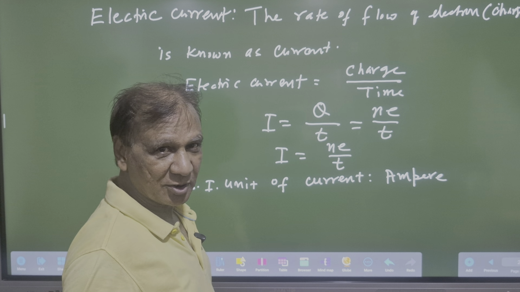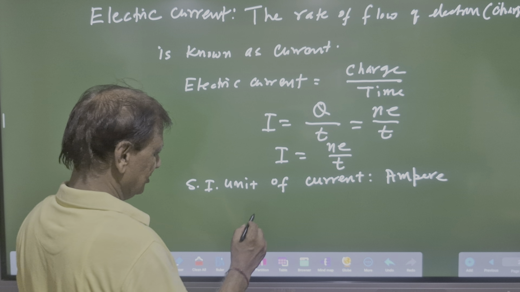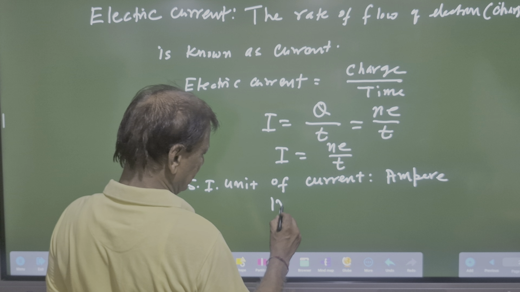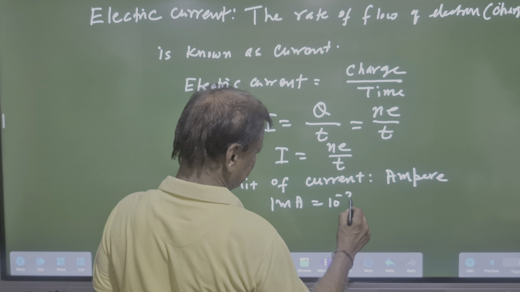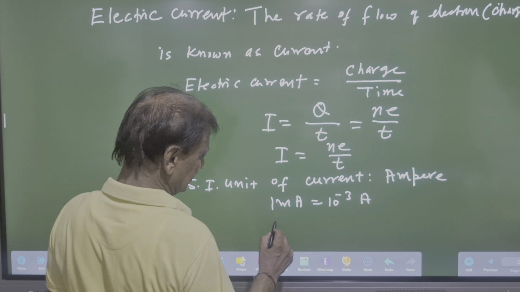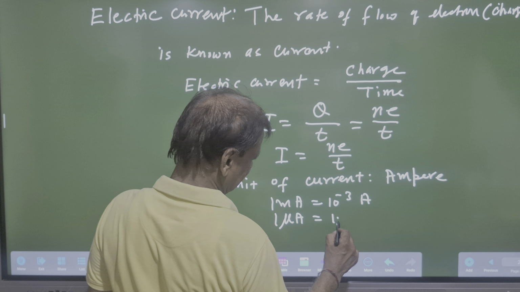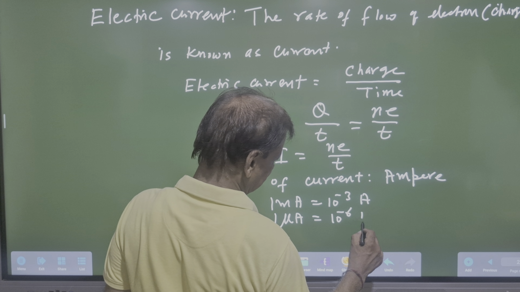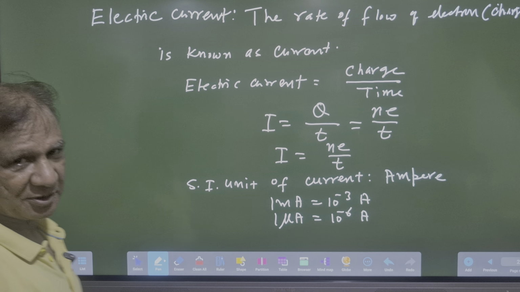There are some small units also in current because ampere is a very large unit. So 1 milliampere is equal to 10 to the power minus 3 ampere. The another unit, 1 microampere, is 10 to the power minus 6 ampere. So this is the definition of current. I hope you understood.